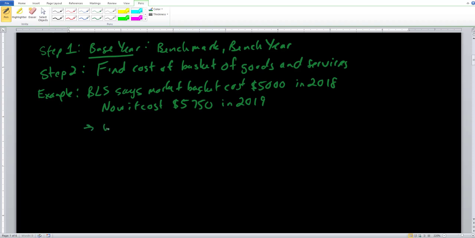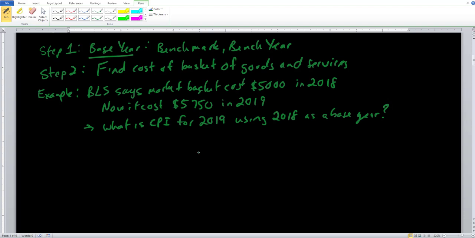So question number 1: what is the CPI for 2019, using 2018 as a base year? And I will tell you specifically what the base year is if you need to use the base year in any of these calculations. So here, it will be explicitly told to you what the exact base year is going to be.